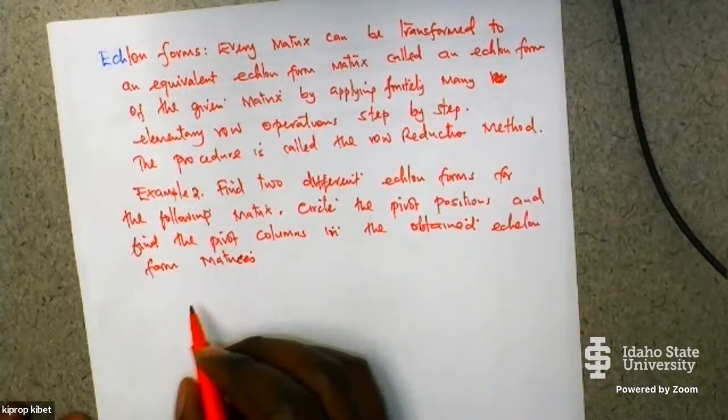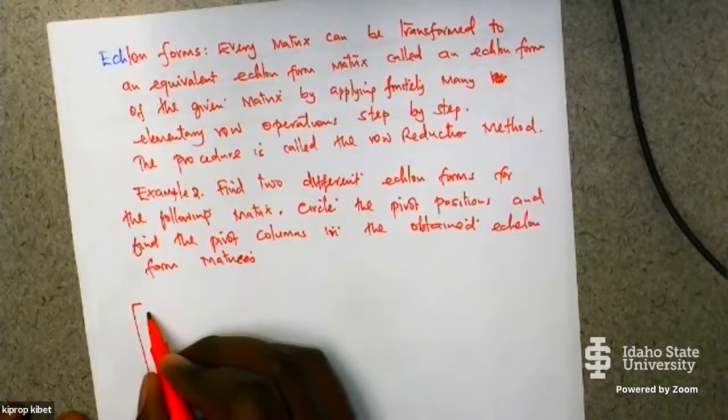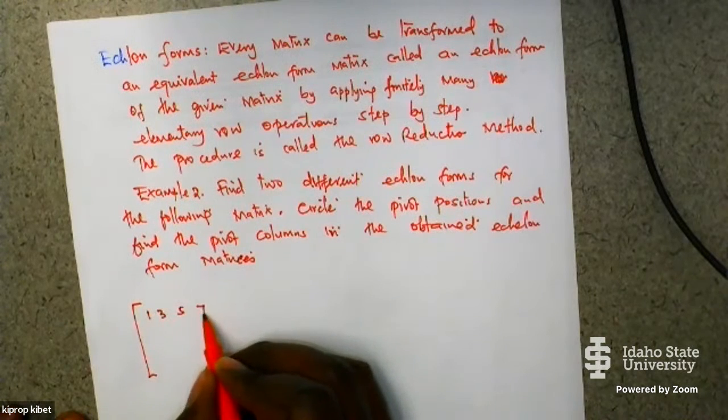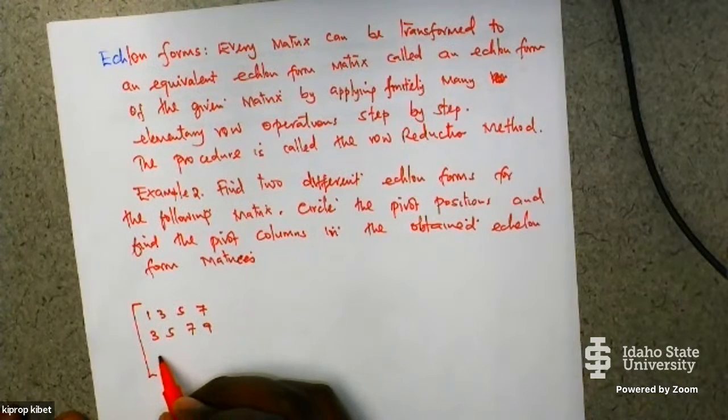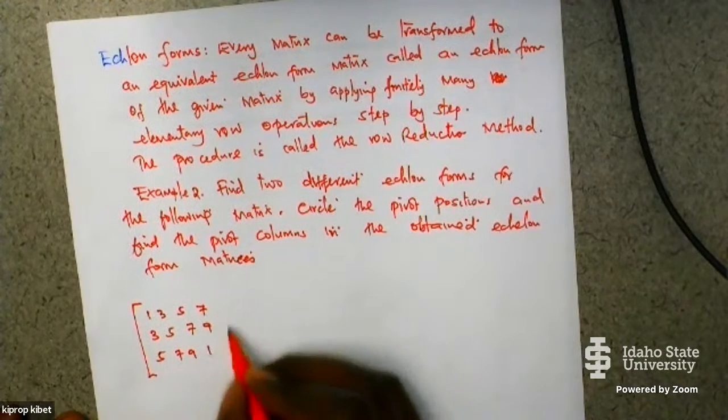So if we have this matrix here: 1, 3, 5, 7; 3, 5, 7, 9; 5, 7, 9, 1.